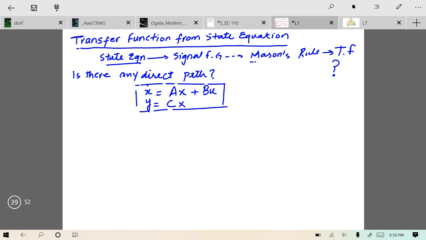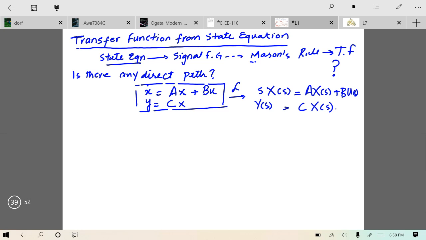Now if I apply Laplace to these state equations, they give s X of s equals A X of s plus B U of s, and similarly Y of s equals C X of s.